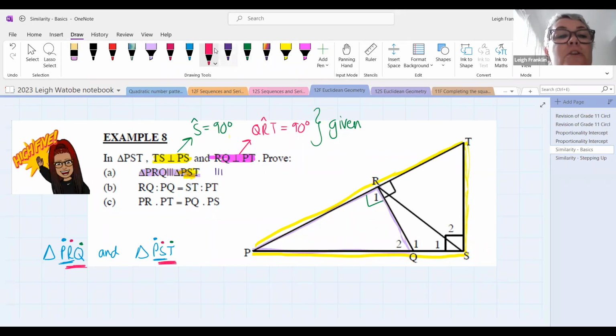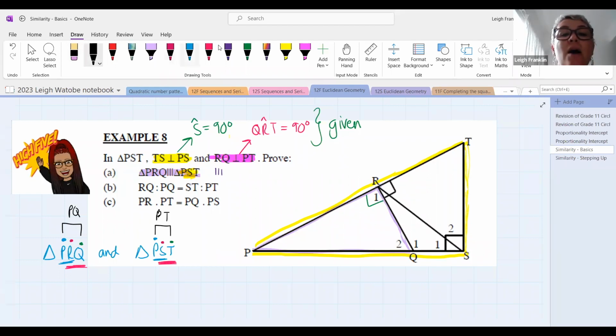And first and last, in other words, side PQ in the first triangle corresponds with side PT in the second triangle. Okay, so the order of the letters is very, very important.